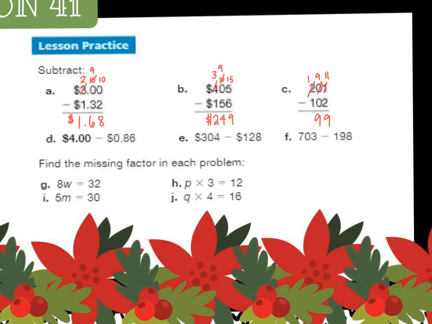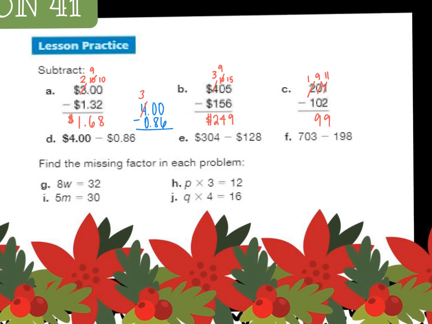Okay, D. Braden, walk me through D. What should I do on this one? Put the $4 on top. Yeah, I need to rewrite it, right? And then the 86 below the 0 and 0. Okay. I cross out the 4, make it a 3. Mm-hmm.